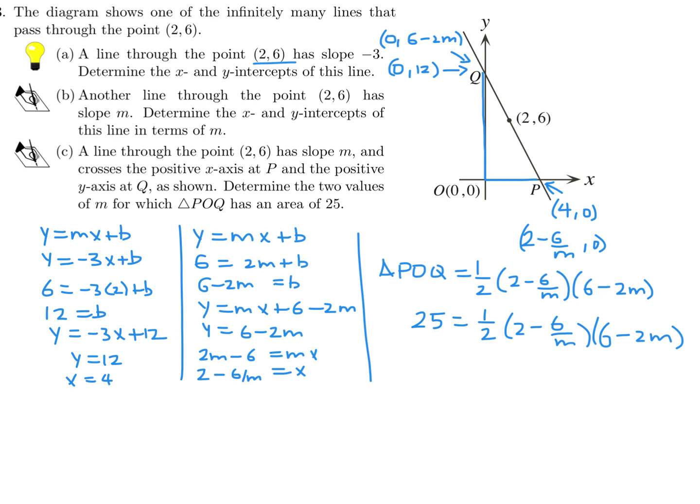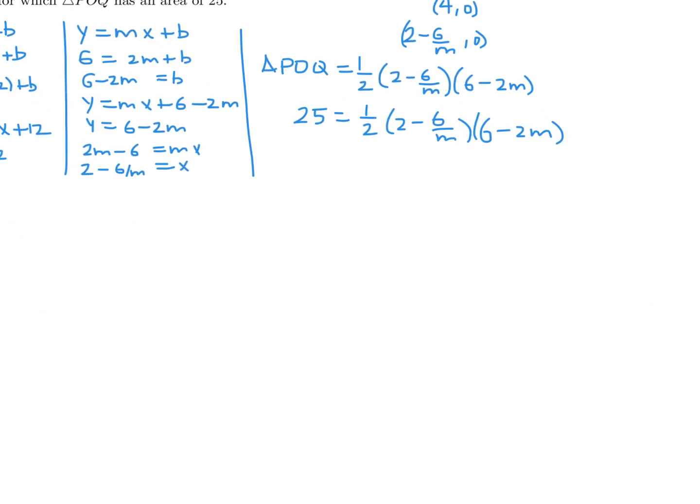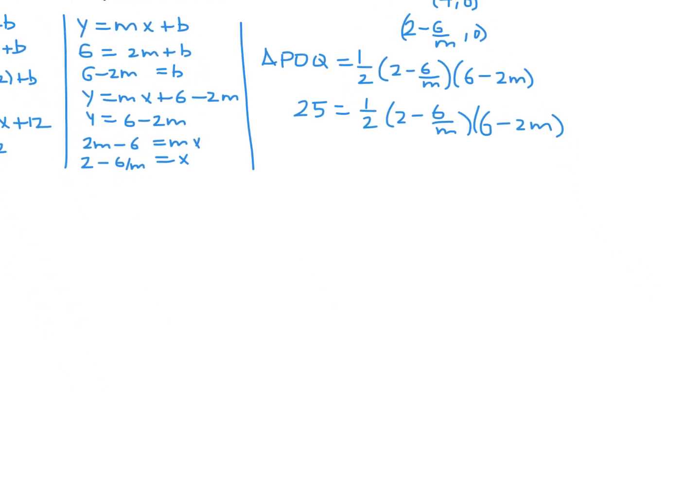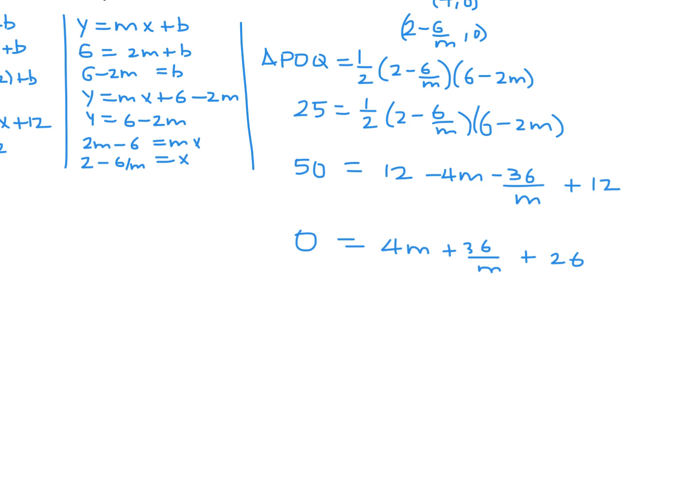Okay, great. So let's first multiply through by 2, and that would give me 50. And then let's expand this. So 12 minus 4m minus 36 over m plus, I believe, 12. Yeah, and then put everything on one side. So we get 0 is equal to 4m plus 36 over m plus 26, I believe. And then multiply through by m.